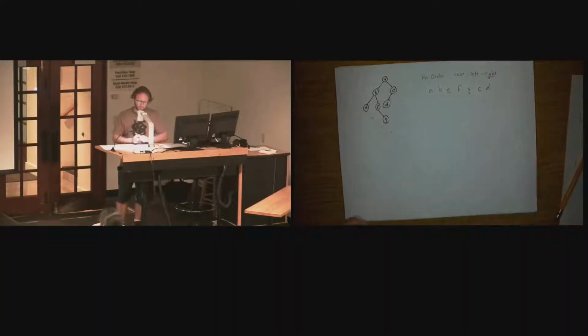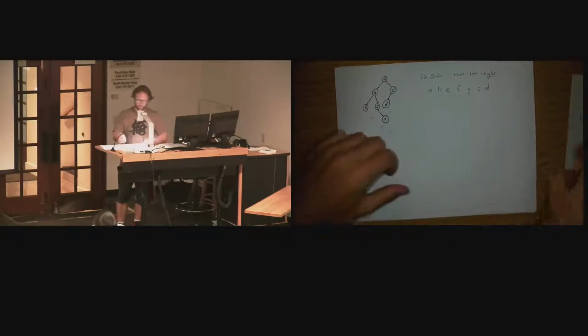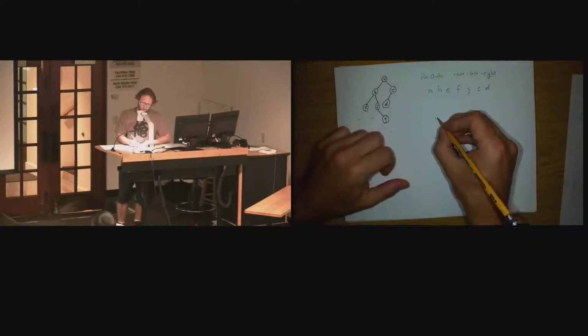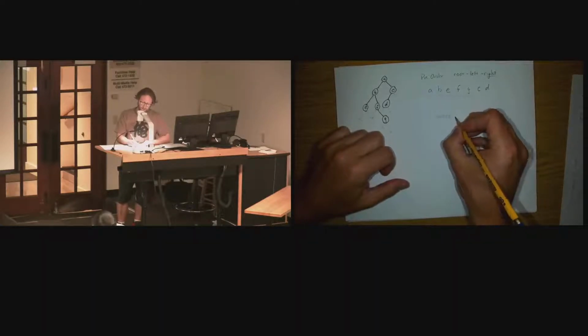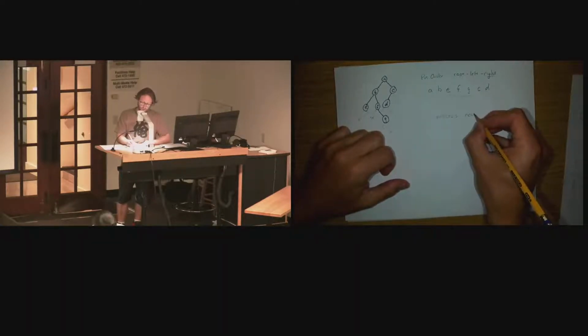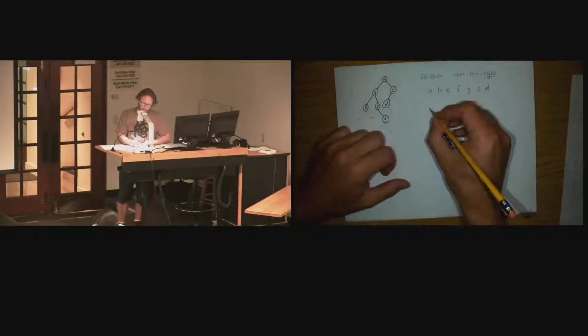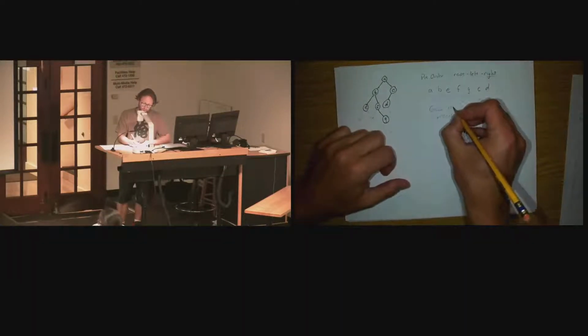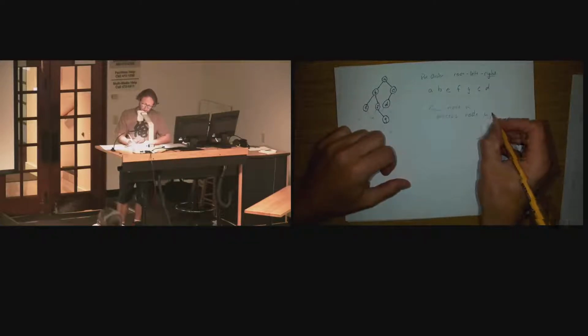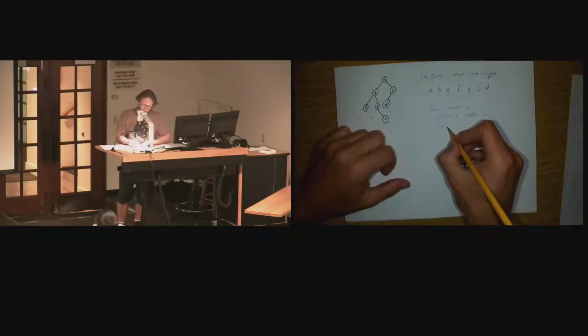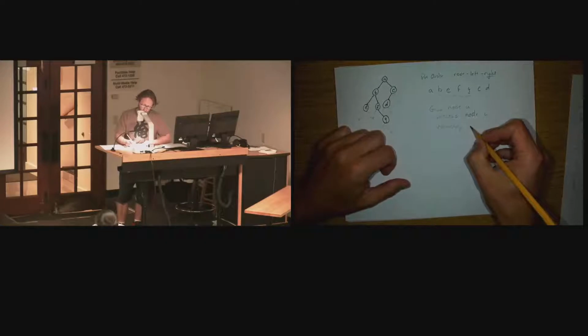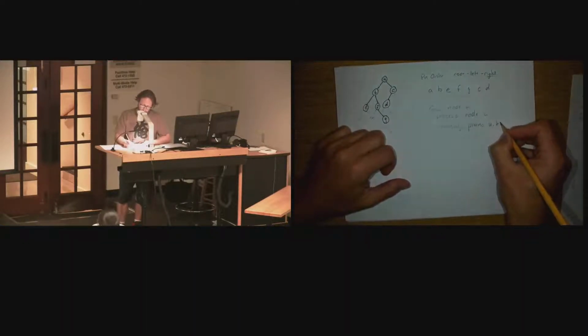So here's a pre-order traversal. Now, how do we design an algorithm to do this? Okay? You can do it recursively. What does the recursion look like? Well, the recursion looks something like: given the node u, process it, and then recursively process u's left child or left subtree, right?